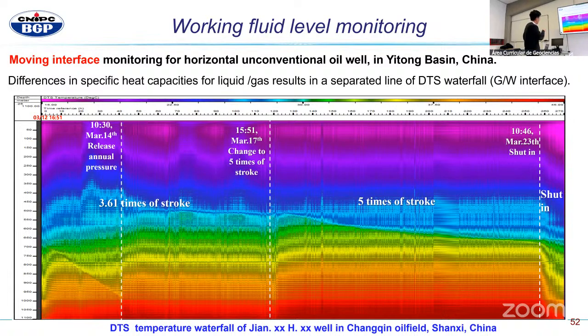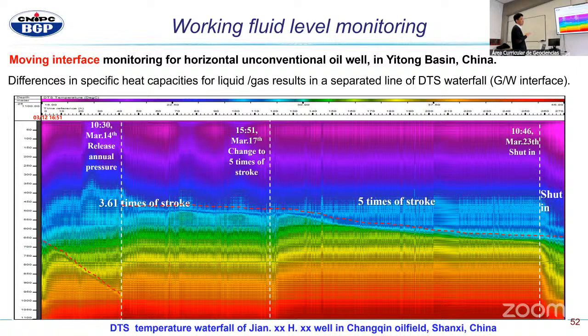As you can see here, this is a profile of the moving interface, what we call the water ledge, because this is the pump well. They are using the pump at 3 times salt or 5 times salt. So this, as you can see, is very clear. It's clear because in the fiber, in the liquid, and in the gas, they have different specific heat capacity.